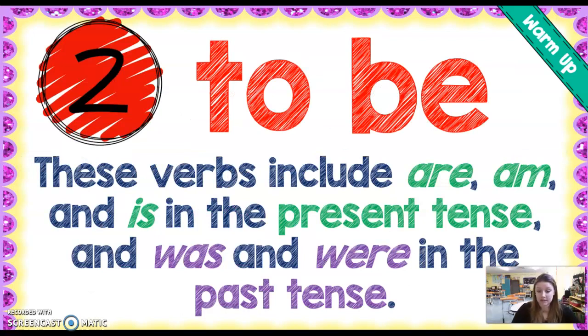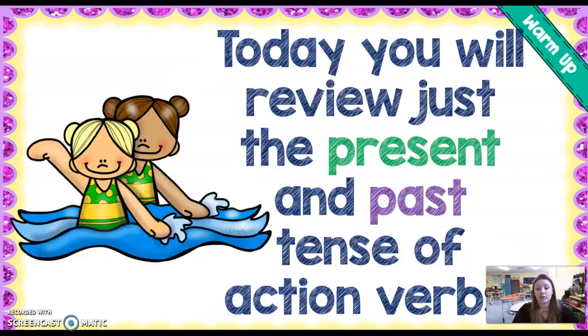Our verb to be includes tenses like are, am, and is, which are present tense right now, and then was and were in the past tense, meaning already happened. You're going to review just the present and past tense of action verbs today, not our to be verbs.